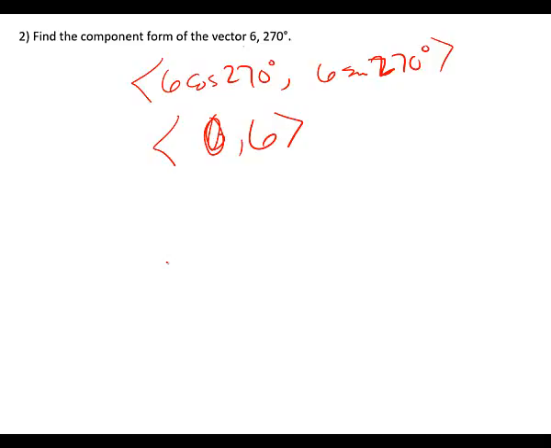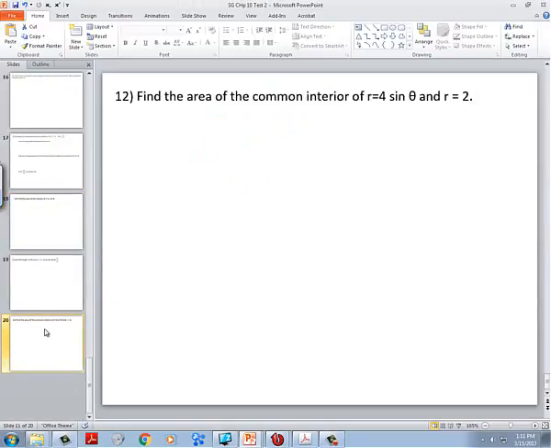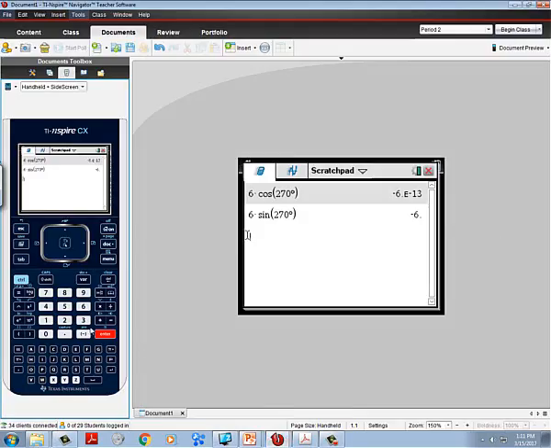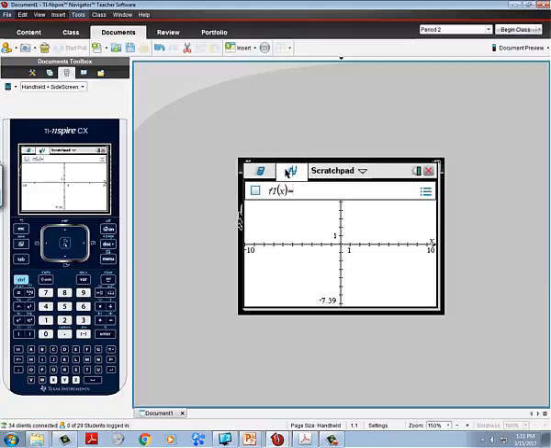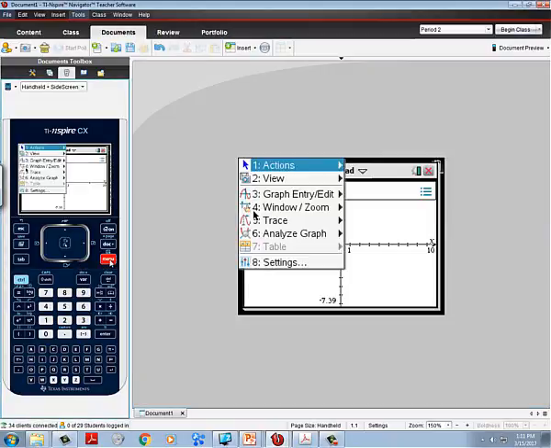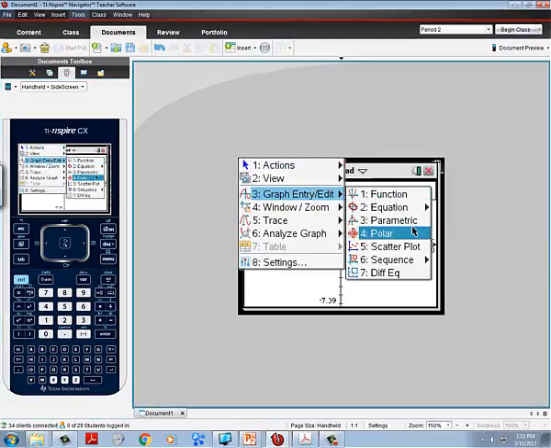So, this one is really, really strange. The first thing we're going to do on 12 is go ahead and graph it. So everybody grab that and get that graphed in your calculator. I'm going to get rid of what's there. Remember to graph this, we need to switch it to polar. So menu, graph, edit, entry, polar.